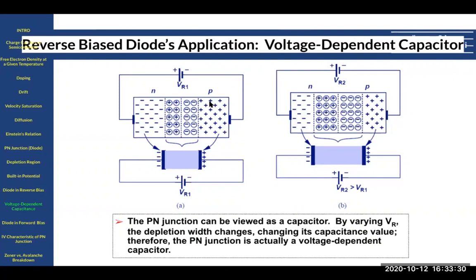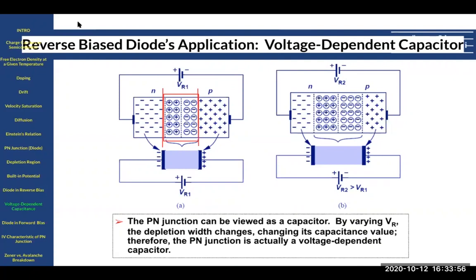And the way it works as a capacitance is basically this depletion region, it's a plate capacitance, you can think. There is a plus plate here, and there is a minus plate here. So it's kind of a capacitance with an electric field in the middle.